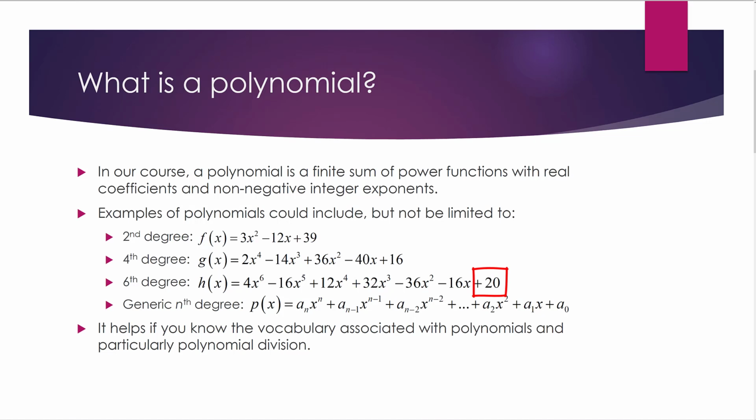In the case of h of x, it's positive 20, and that's known as the constant term. When you graph those polynomials, that constant term is the y-intercept. That's going to play a role in finding zeros, and so that's why we are emphasizing it. It also is important when we're doing polynomial division, as you'll see.